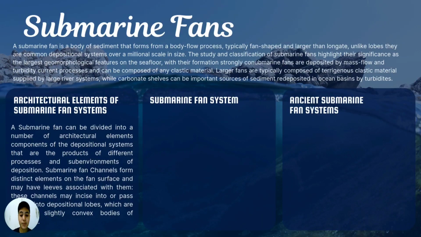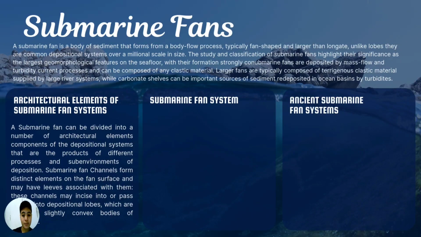These fans can be made of sand, mud, or gravel, often coming from rivers or nearby shelves. Submarine fans are some of the biggest features on the seafloor, spreading out for hundreds of kilometers.